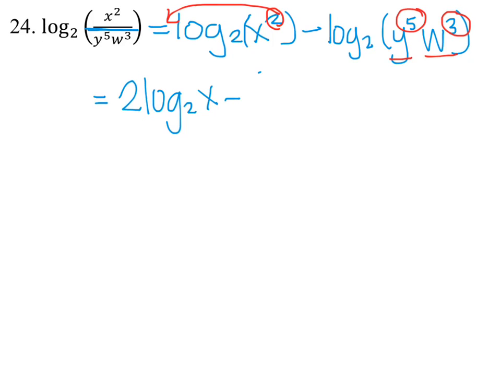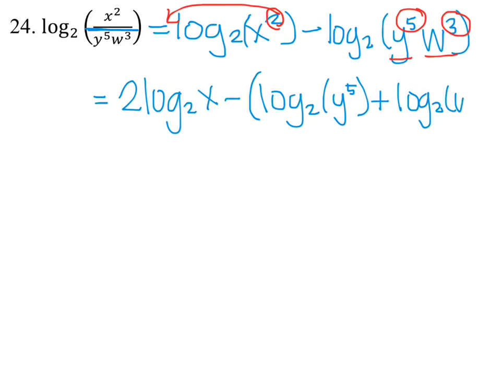So I'm going to use my product rule to split these up, but I want to put the product rule in parentheses because both the y and the w need to be part of the subtraction. So I'm going to write this as log base 2 of y to the 5 plus log base 2 of w to the 3.